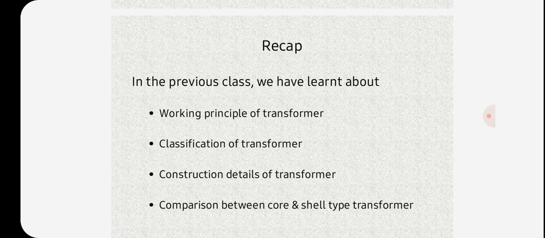It has a primary winding and a secondary winding. When we give supply voltage to the primary, that will produce flux, and the mutual induced EMF will be induced in the secondary.